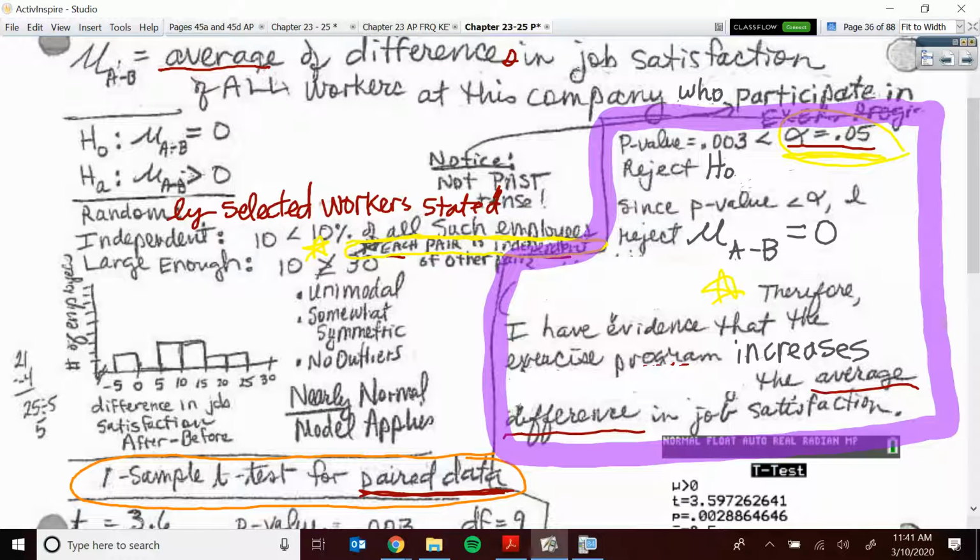So let's talk about what it's increasing, because that's important. So I have evidence. Can I just say that I have evidence the exercise program increases job satisfaction? If I say it increases job satisfaction and I just leave it like that, what does that imply?